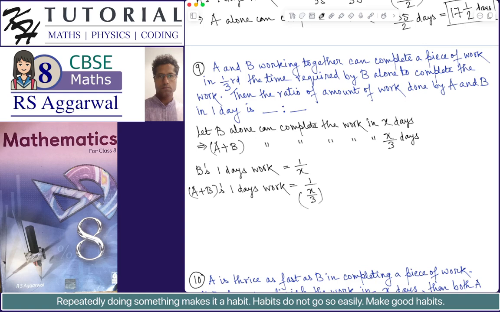Since A plus B, working together, completes the work in X by 3 days, A plus B's one day's work is 1 by X by 3, which is equal to 3 by X.